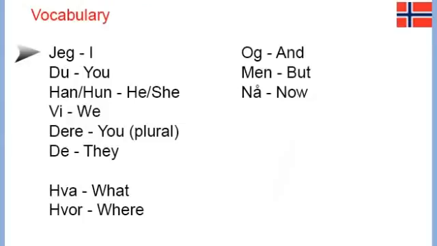So before we have some simple phrases in the end, let's just go through some very basic vocabulary. If you can repeat, I will speak slowly so you can repeat after me if you so wish.